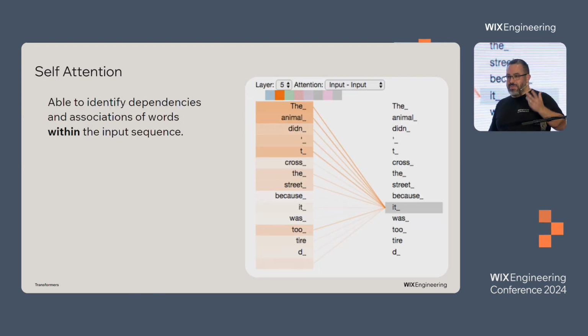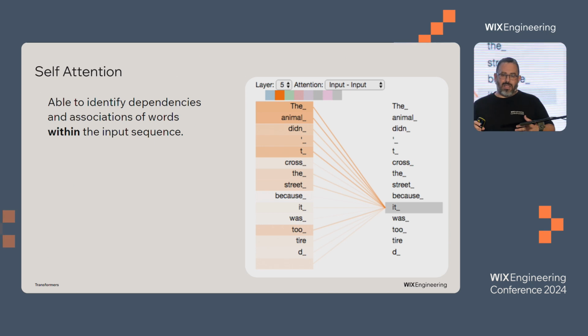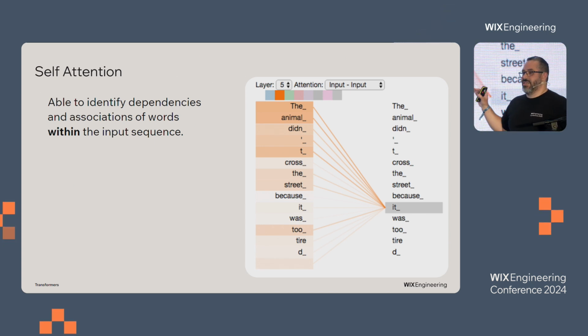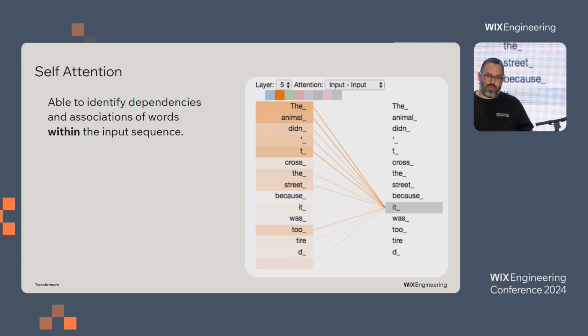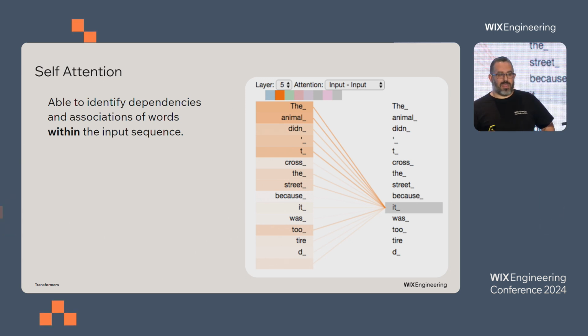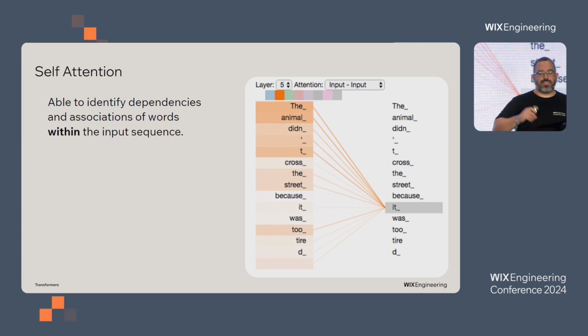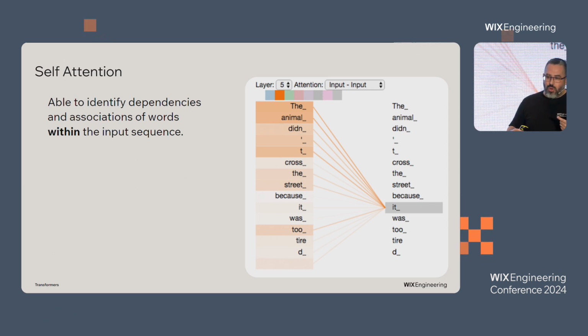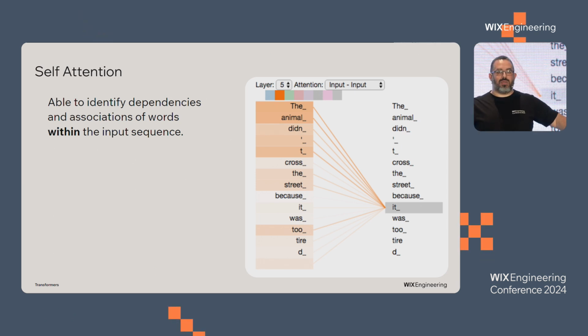The next concept, which is implemented inside the transformer, is known as self-attention. Now, self-attention is the same process as attention, except instead of applying it to an input and an output sequence, we apply that same process only to the input sequence.